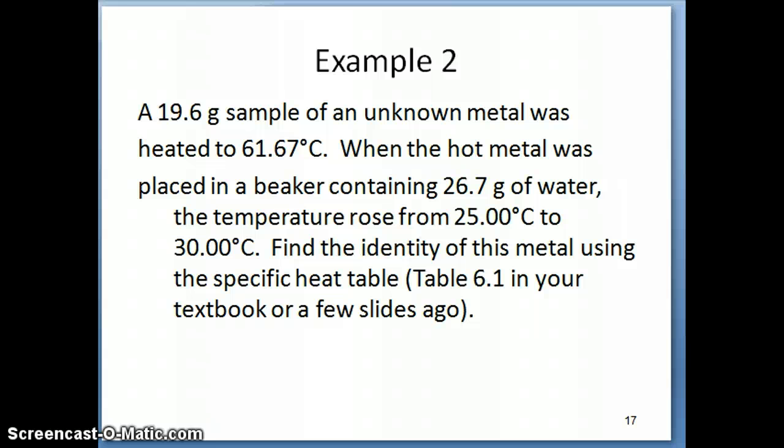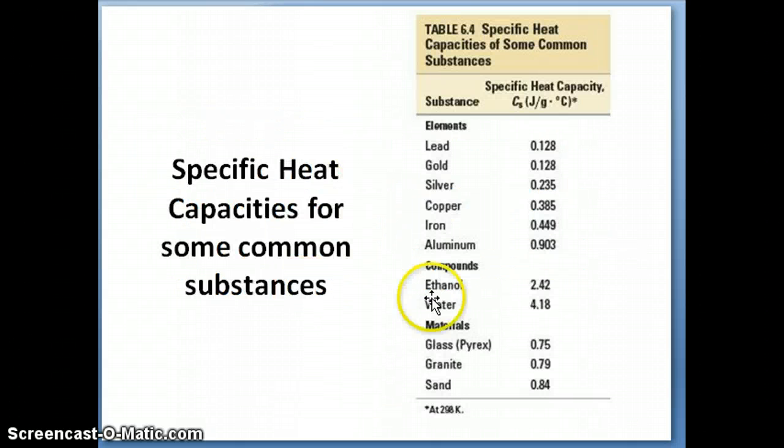So you have basically the situation that we just talked about. You have some sample of metal that's heated to this temperature. You then take that metal and put it into a beaker containing water. The temperature of the water rose from 25 to 30 degrees Celsius. You're asked to find what the metal is from that specific heat table.